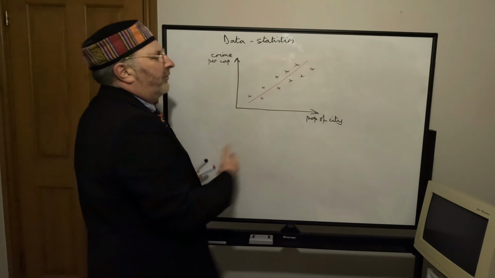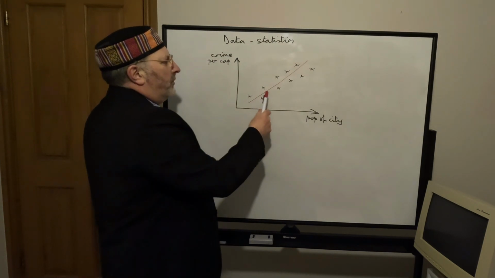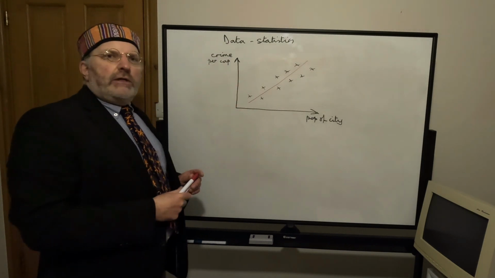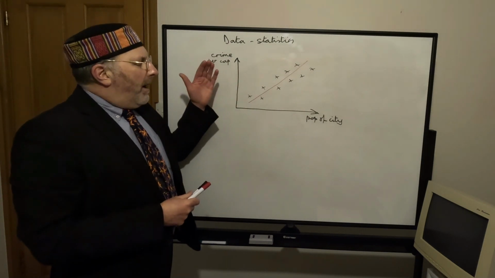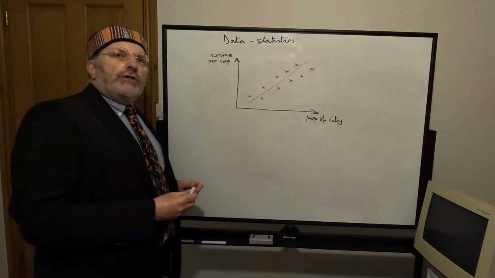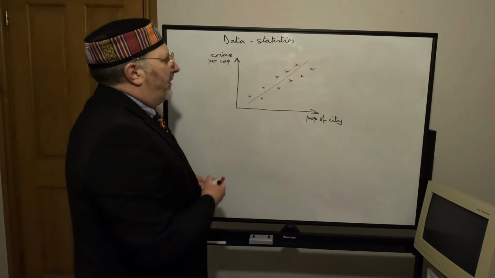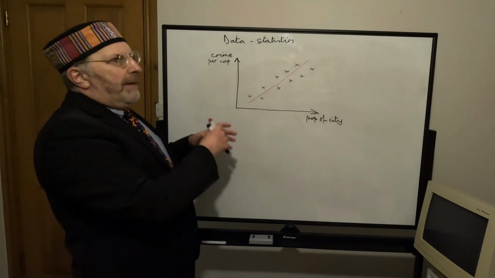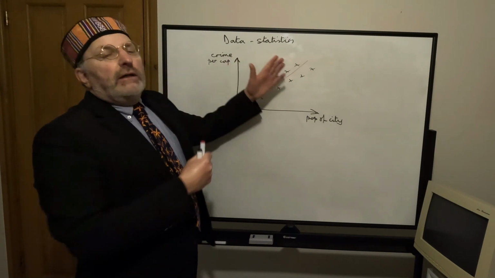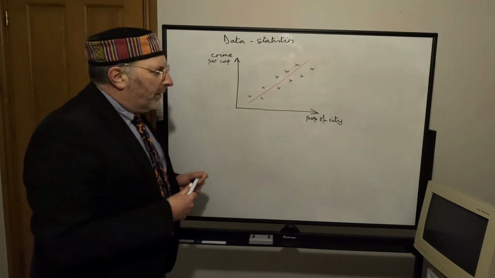Statistics gives us the tools again to measure the quality of this correlation, and we can put percentages on how accurate this relationship is, whether there's a vague relationship but a lot of randomness, or whether it's a very clear and tight relationship.